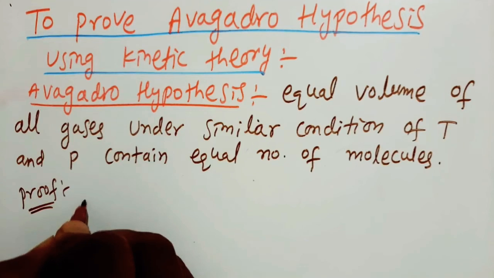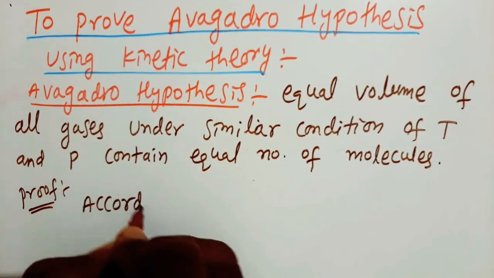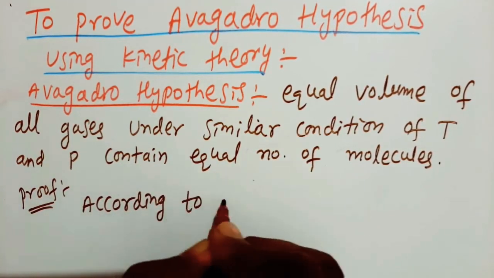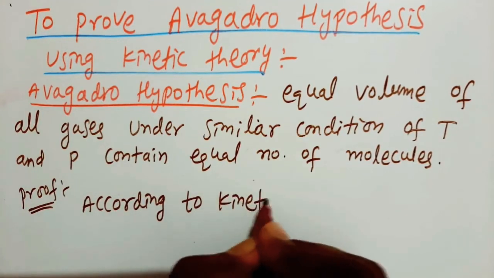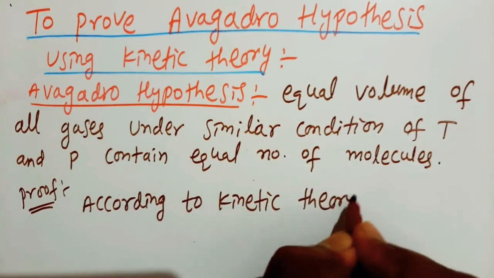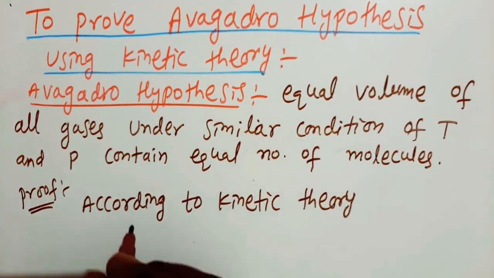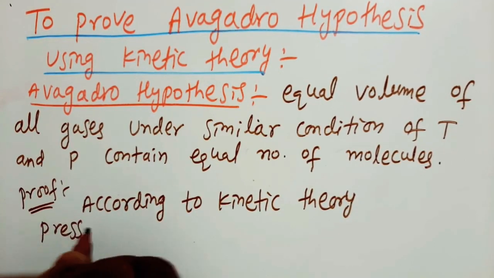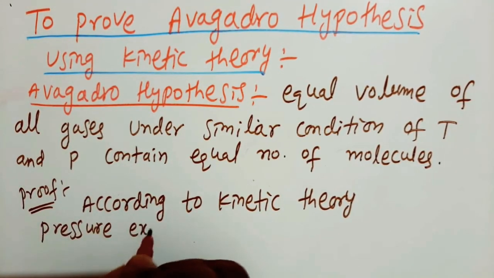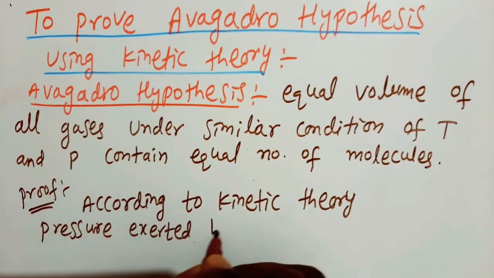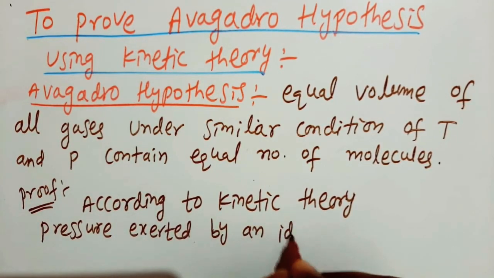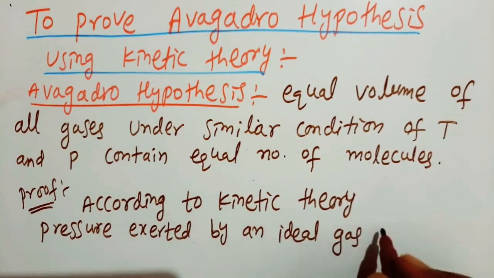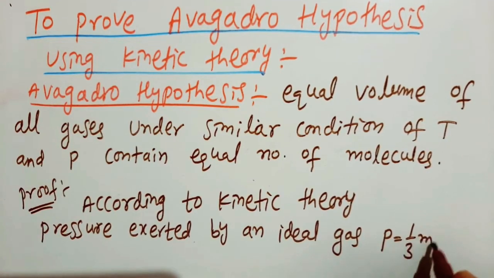According to kinetic theory, we know the pressure exerted by an ideal gas is P is equal to 1 by 3 mn V square bar.